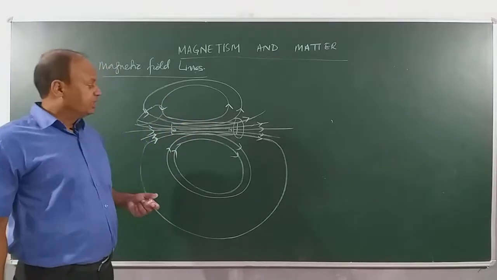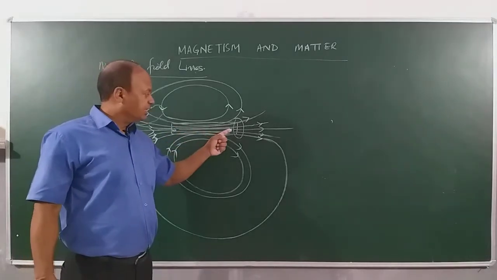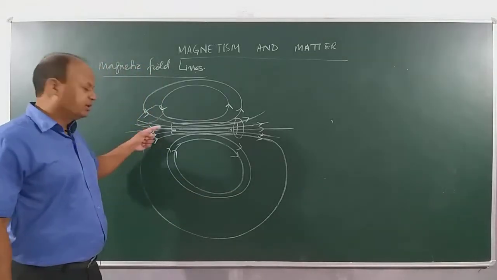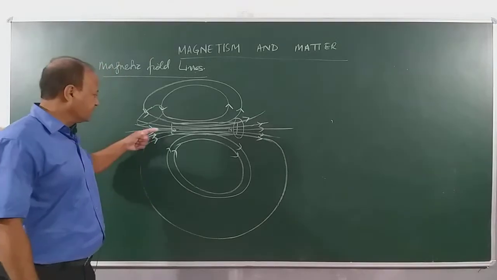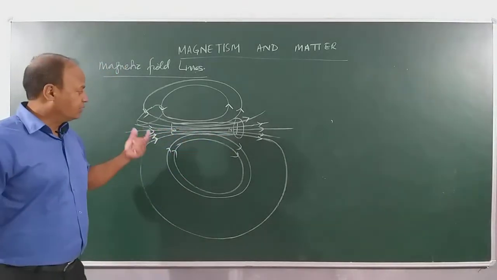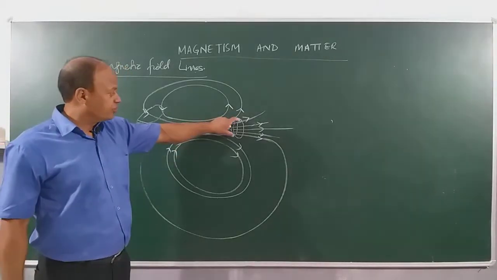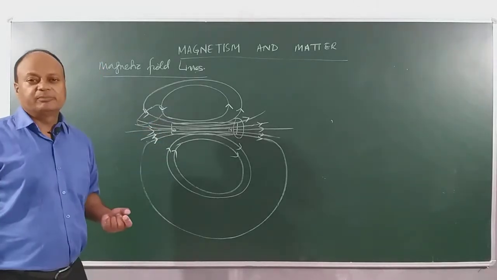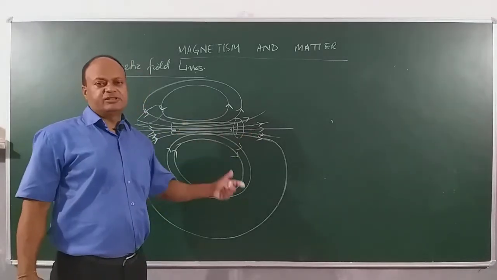Clear? Now magnetic lines due to a bar magnet: they emerge from the north pole and enter the south pole outside the magnet. However, inside the magnet they travel from south pole to the north pole, right? Now magnetic lines are more crowded near the ends. That means the field is strong near the ends and decreases as you move away from the magnet along the length or sideways in both the cases.